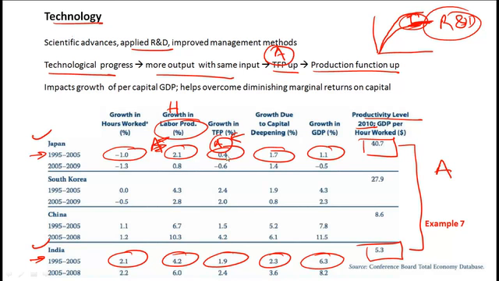It's growing at a slower rate, but obviously from a much higher level. Probably the level of human capital in Japan is much higher, and the level of regular capital, both ICT and non-ICT, in Japan is probably higher. So those elements explain why the productivity level in Japan is substantially higher than the productivity level in India.